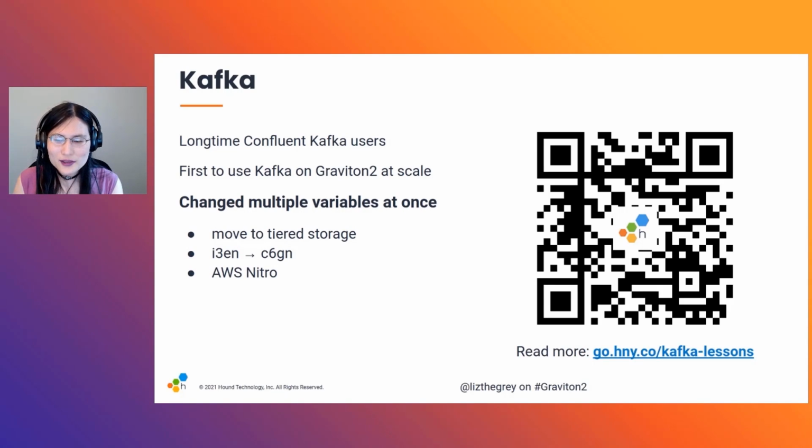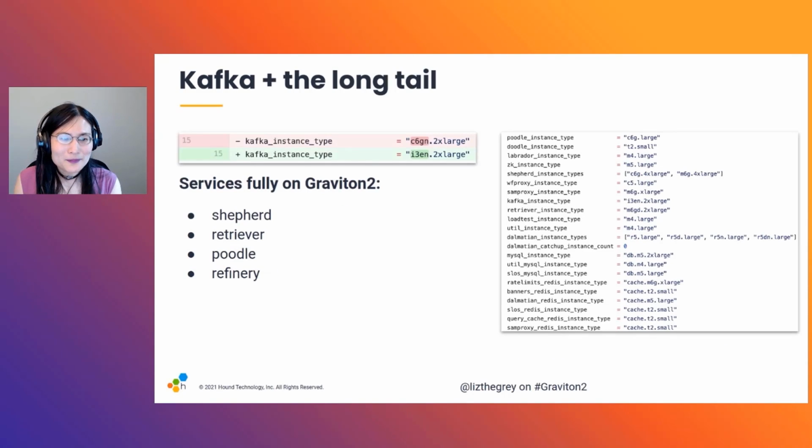But the thing that finally was a problem for us was that we were seeing some weird behavior with network throttling that we couldn't get to the bottom of, and it wound up causing us a lot of operational pain. So we wound up saying, okay, we're going to revert that change for now. We're open to C6GN in the future, but we really needed to stabilize the operations of all of our services first and foremost.